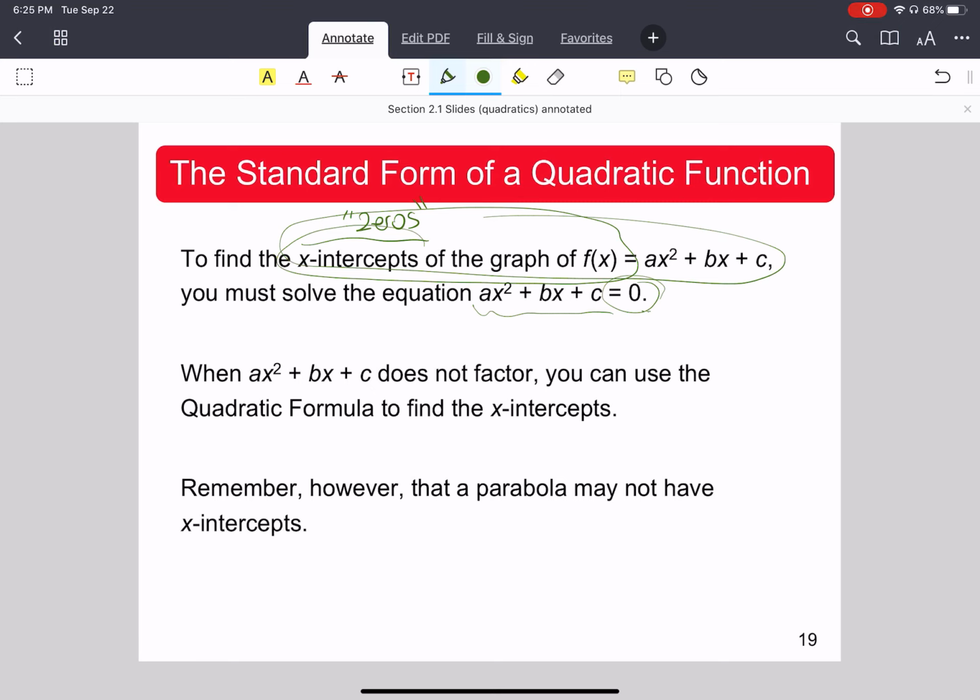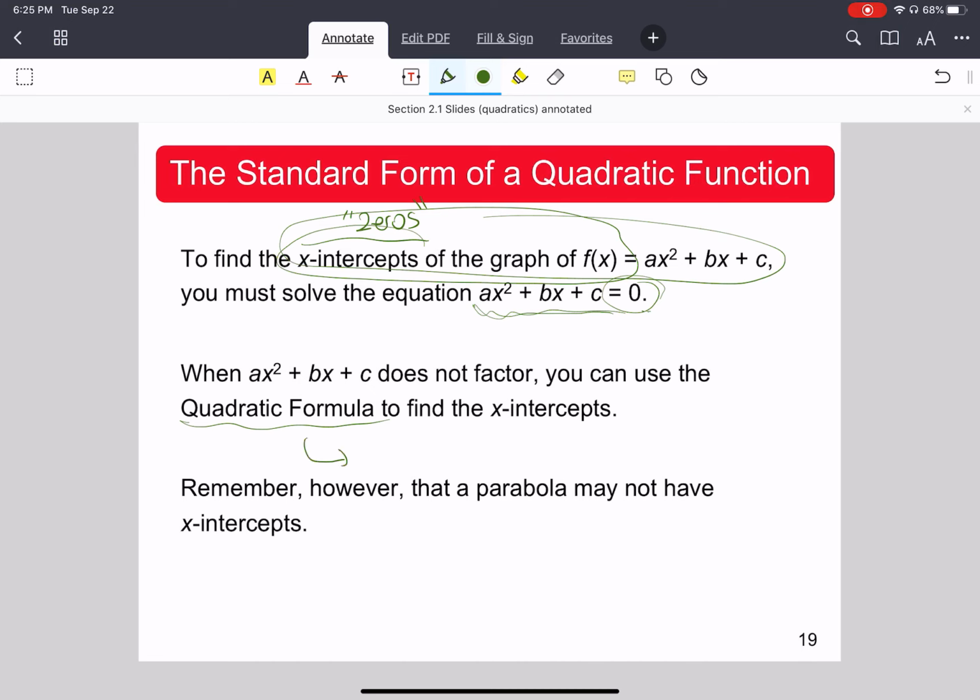Sometimes you cannot factor these functions. In those cases, you use the quadratic formula. Quadratic formula helps you find the x-intercepts of any quadratic function. So it might be useful for you to remember what the quadratic formula looks like.